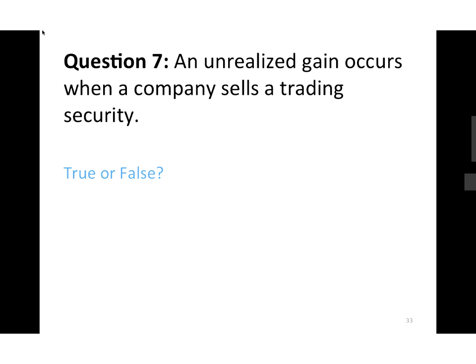True or false? About 10 seconds left to get your answer in. Remember what the word unrealized means. Right now, we got a lot of wrong answers on this one. Unrealized means that the company still owns the securities.